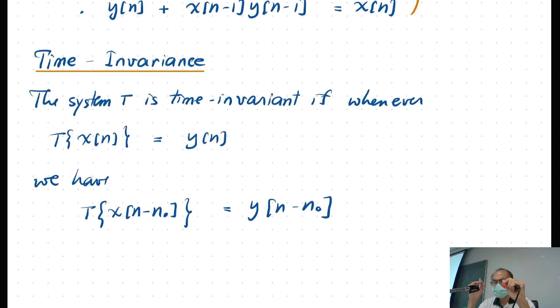So what it says is that the property of the system, the characteristic or behavior of the system, is invariant to shifting in time. The behavior of the system doesn't change with time.